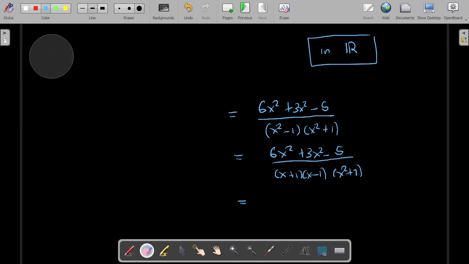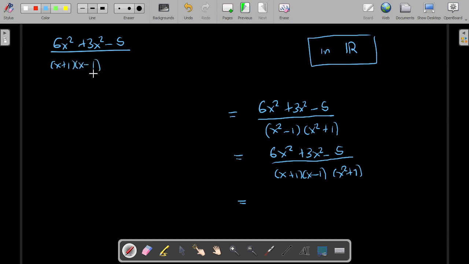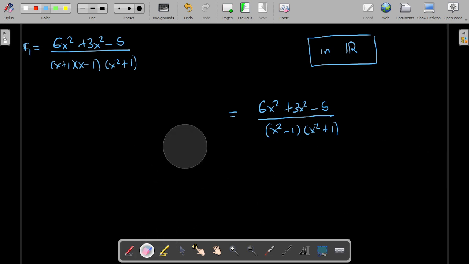So we get rid of the top part like so, and then we rewrite our F1. Our F1 is equal to 6x squared plus 3x squared minus 5 divided by x plus 1, x minus 1, and then x squared plus 1, like so.